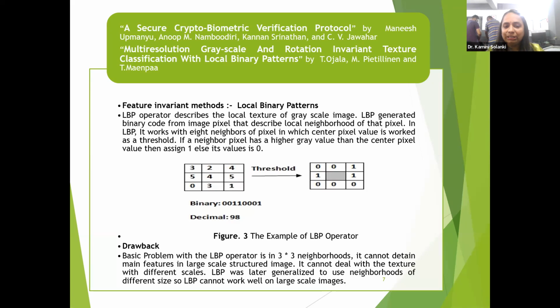So that is the drawback. You get very good results with the minimum matrix, 3 by 3 neighbors or a minimum number of rows and columns, so this works particularly on local features. Whenever you expand your matrix, it decreases the recognition rate.